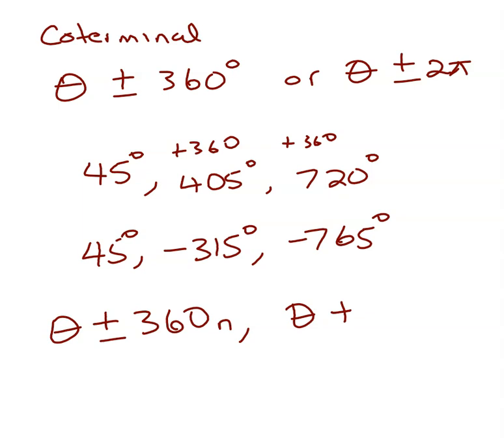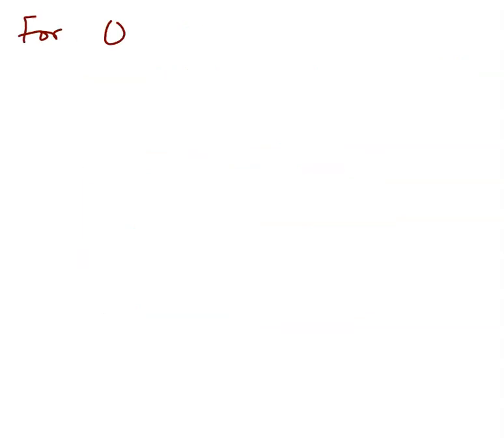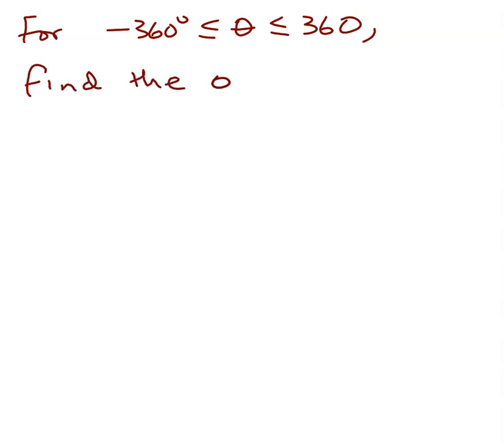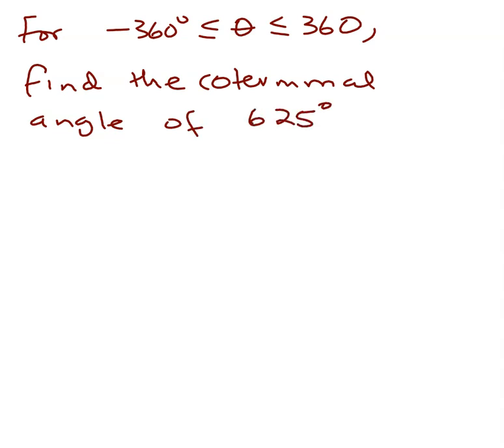Now let's do some other examples. What if we had a range? If I say negative 360 degrees is less than or equal to theta, which is less than or equal to 360 degrees, find the coterminal angle of 625 degrees.